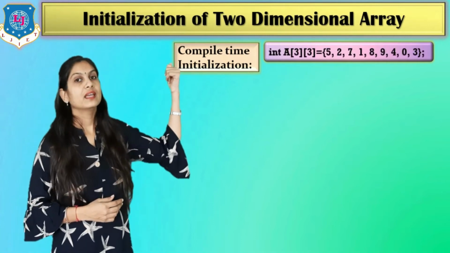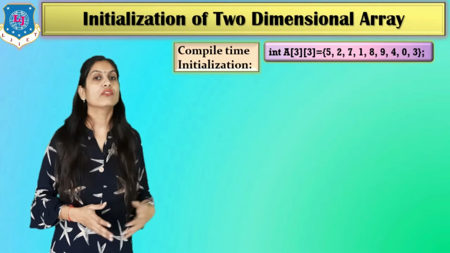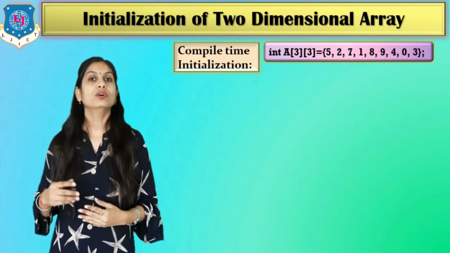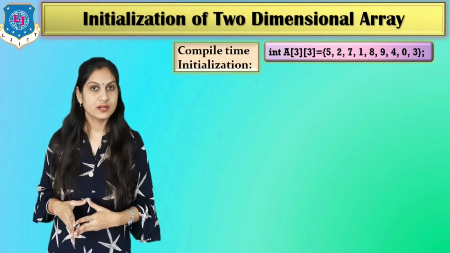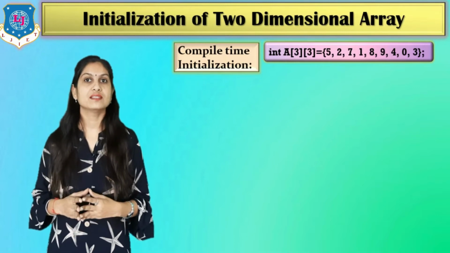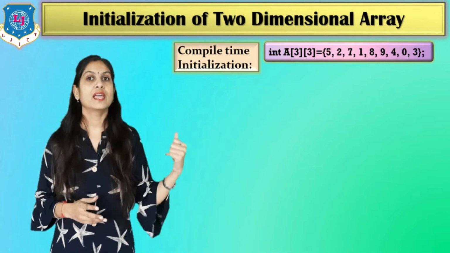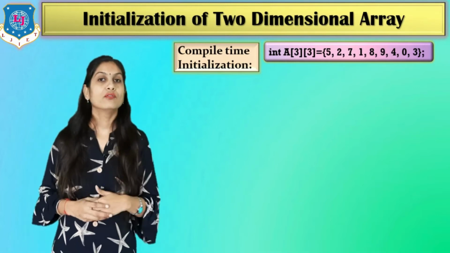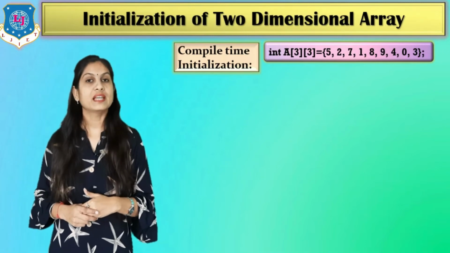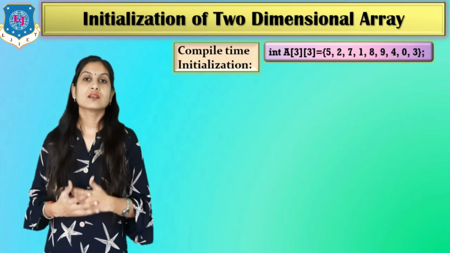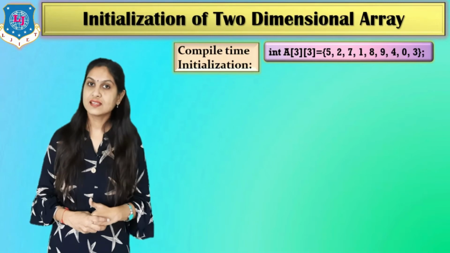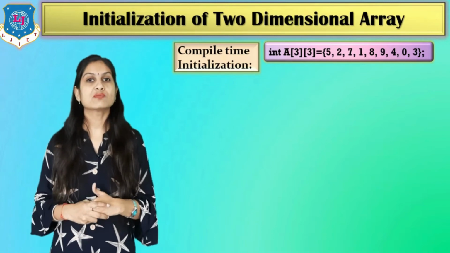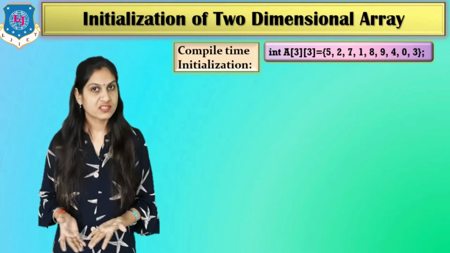Let's see here, integer A of 3 3 equal to, how many numbers do we have to write? Different 9 values, like 5 2 7, then 1 8 9 and 4 0 3. Total 9 elements we can store. Suppose you want to store only 6 data, then your matrix size will change, that is 2 cross 3.